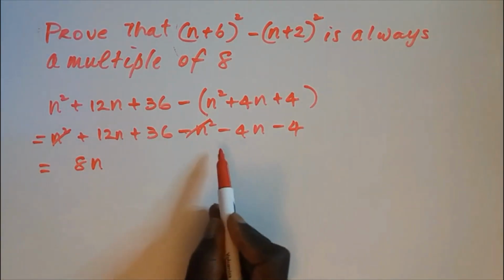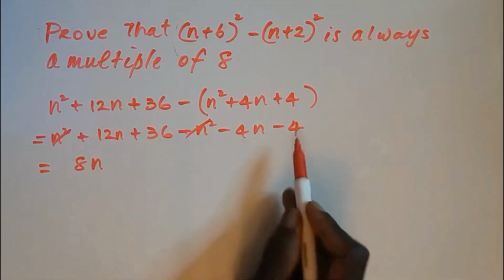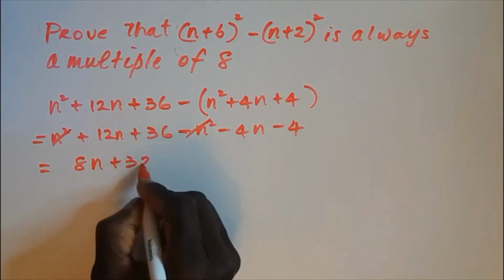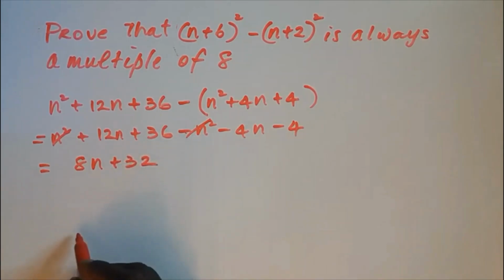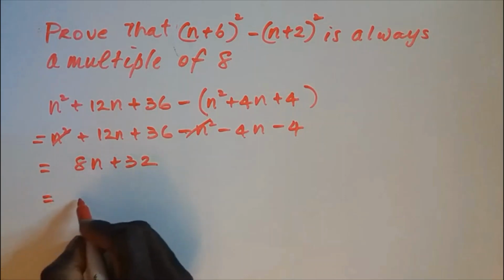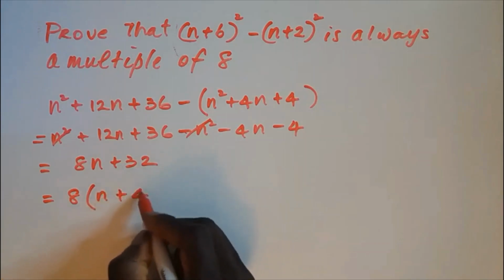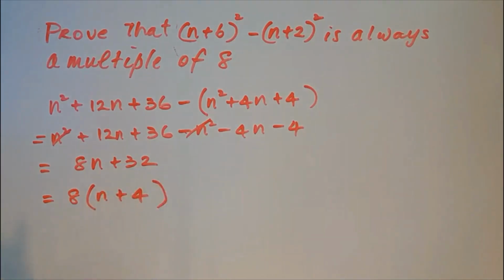And then we have 36 minus 4 will give us 32. And to show that this is always a multiple of 8, we factorize by 8. And this shows that n add 6 all squared minus n add 2 all squared is always a multiple of 8.